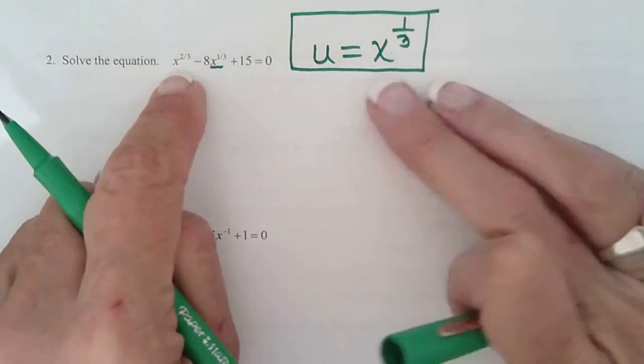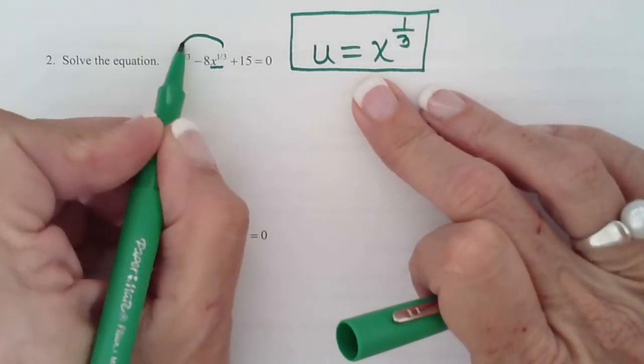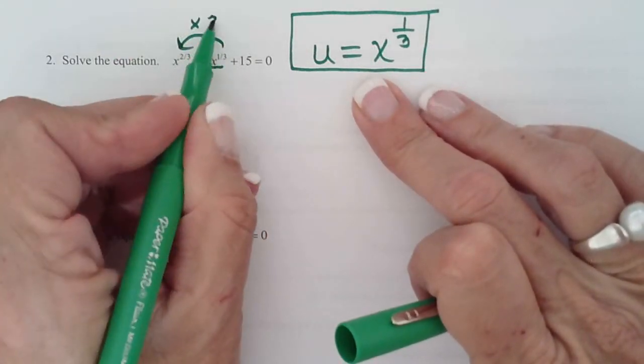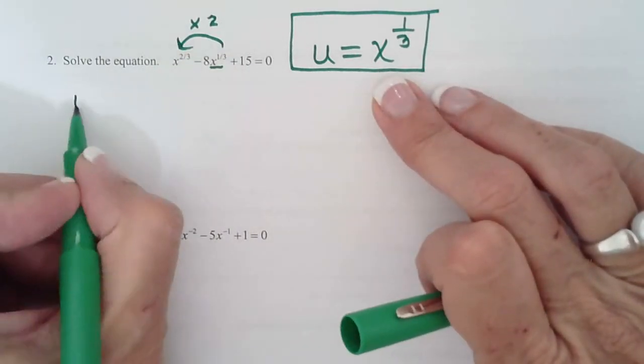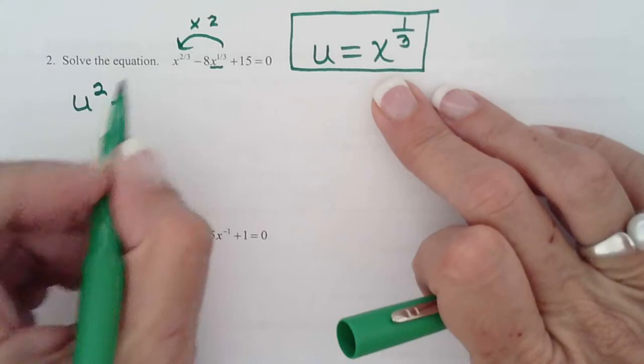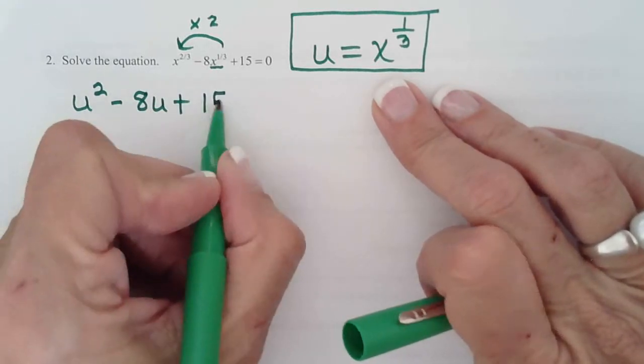Okay, I'm getting tired. It's almost midnight. So this, remember, has to be u squared, because when you take this times 2, you get that variable. So if that's u, that has to be u squared minus 8u plus 15 equals 0.